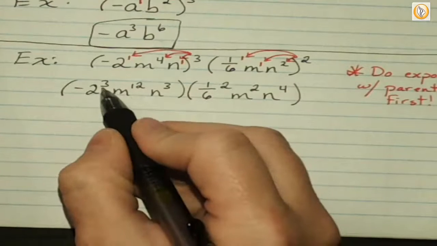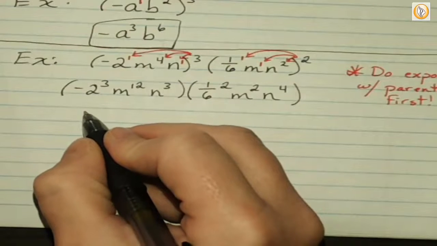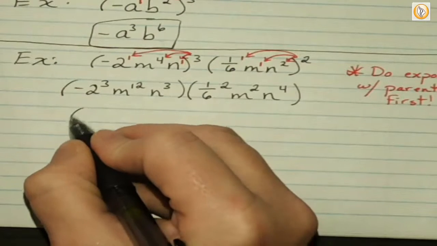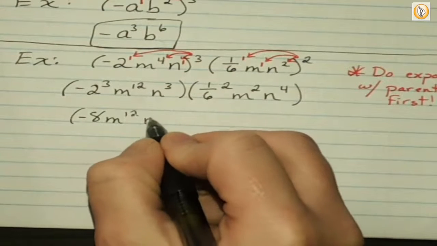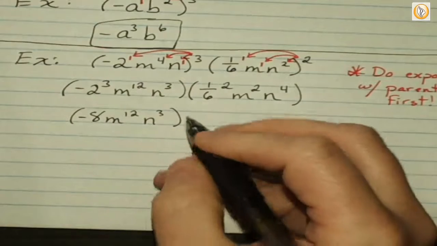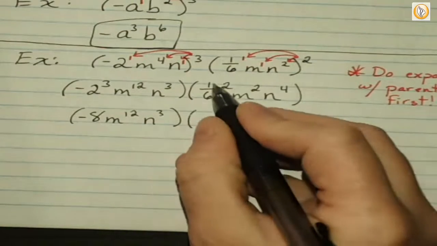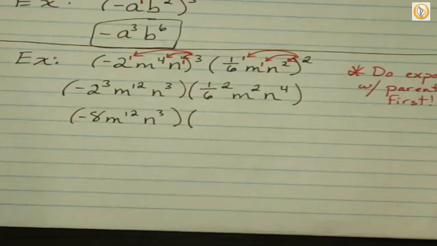What is -2 to the third power? Taylor? -8. And I'm rewriting the rest of my problem. Do it step by step, guys, or you're going to make a mistake. What is 1/6 to the second power? Whit? 1/3.